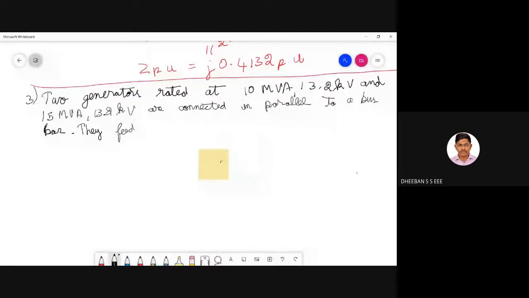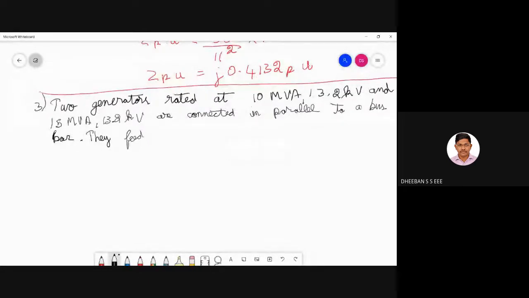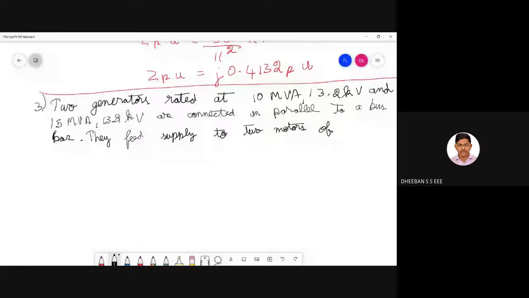They feed supply to two motors of input 8 MVA and 12 MVA respectively.